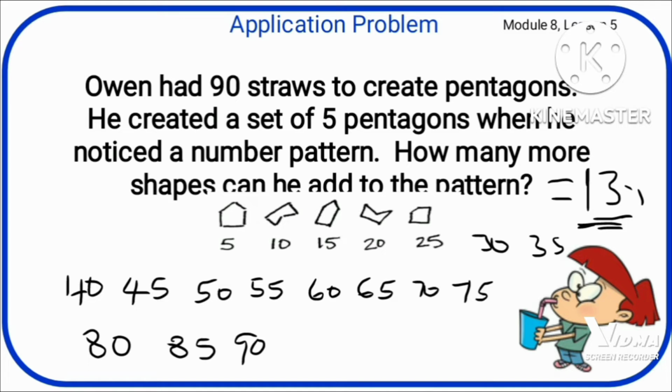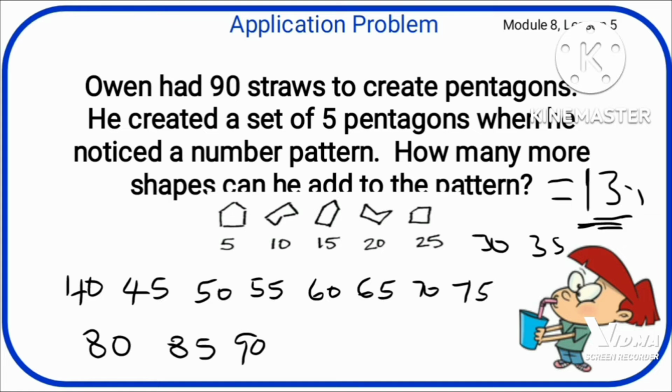He created a set of 5 pentagons when he noticed a number pattern. How many more shapes can he add to the pattern? The number pattern here is 5. He created 5, 10, 15, 20, 25. That's the number pattern, and that is 5 shapes.